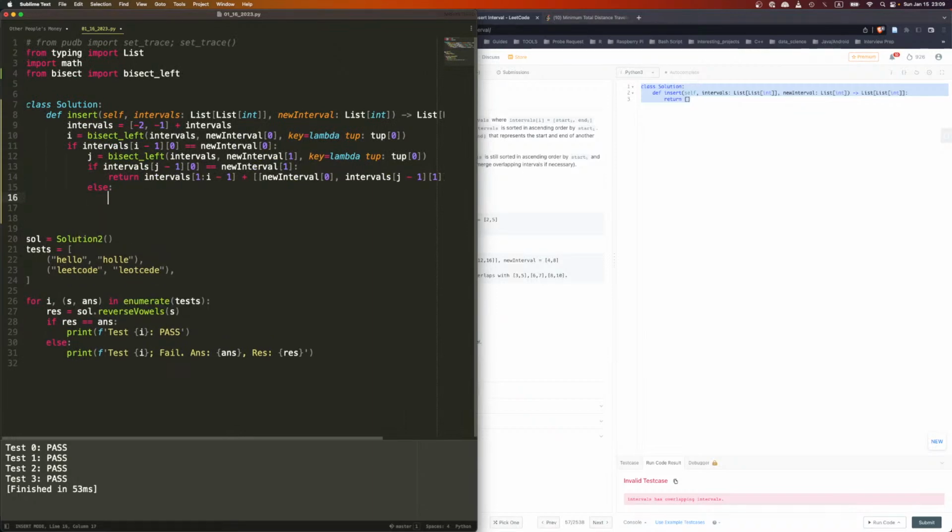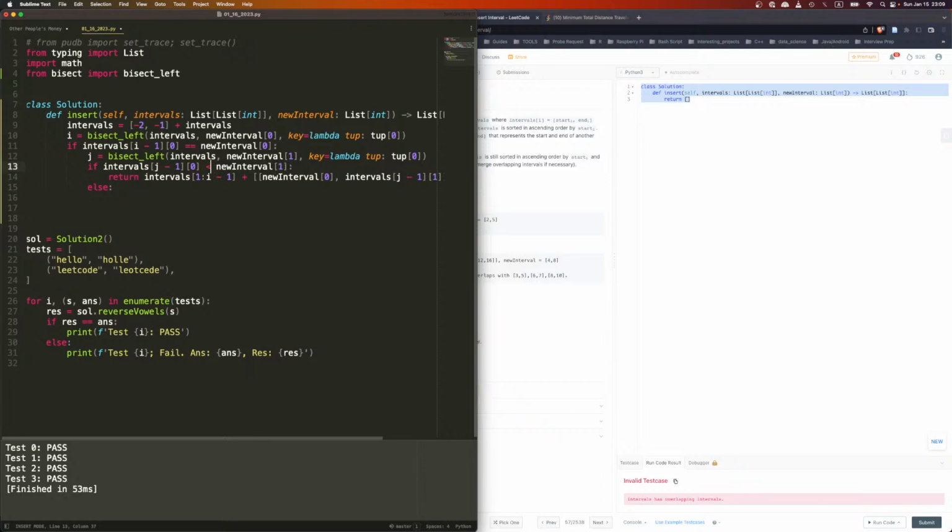Else, so if this is not equal to, okay, so J minus 1, so I have J. J minus 1, 0 is not equal to the current end. So the current end, it could be in between, or it could be here. Oh, actually, that's not true.